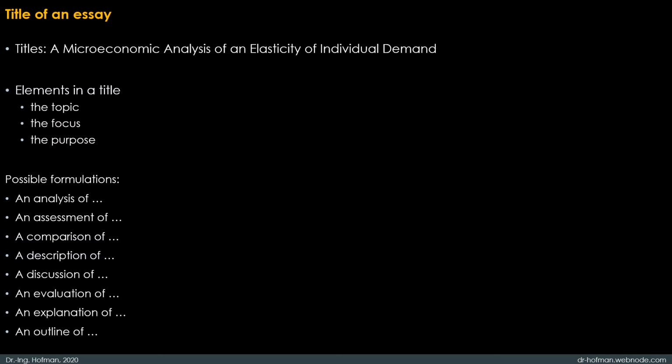This means including a word such as the following, which tells you, the reader, what kind of argumentation to expect. See the possible formulations: an analysis of, an assessment of, a comparison of, a description of, a discussion of, evaluation, explanation, and outline.